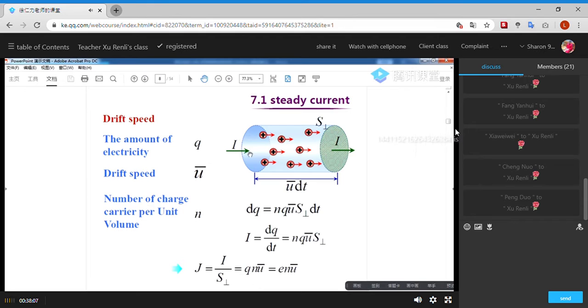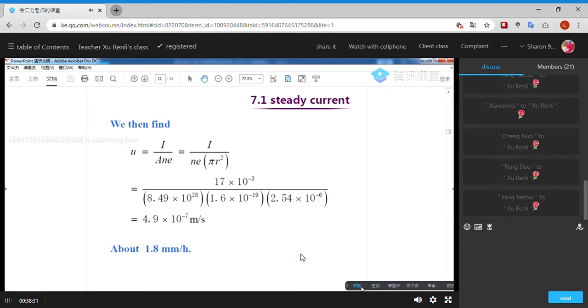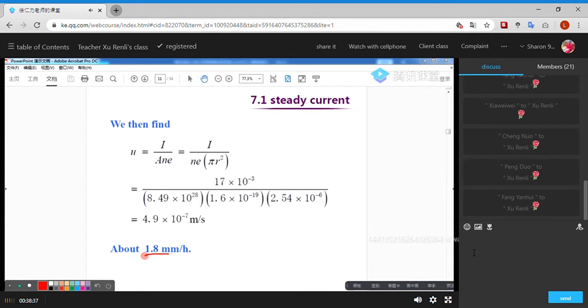Another is the thermal movement by the heat, by the temperature. So these are two kinds of motion for the electron, but the drift speed is very much smaller than the thermal speed. Usually the drift speed is in this range. It's very small.